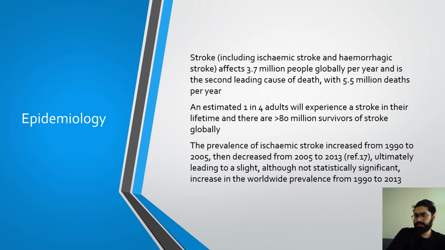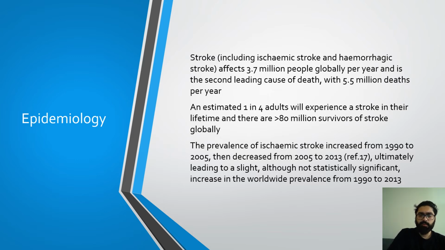So coming to the second portion of this series, the epidemiology. Stroke, including ischemic stroke and hemorrhagic stroke, affects around 3.7 million people globally per year, and it's the second leading cause of death with 5.5 million deaths per year.